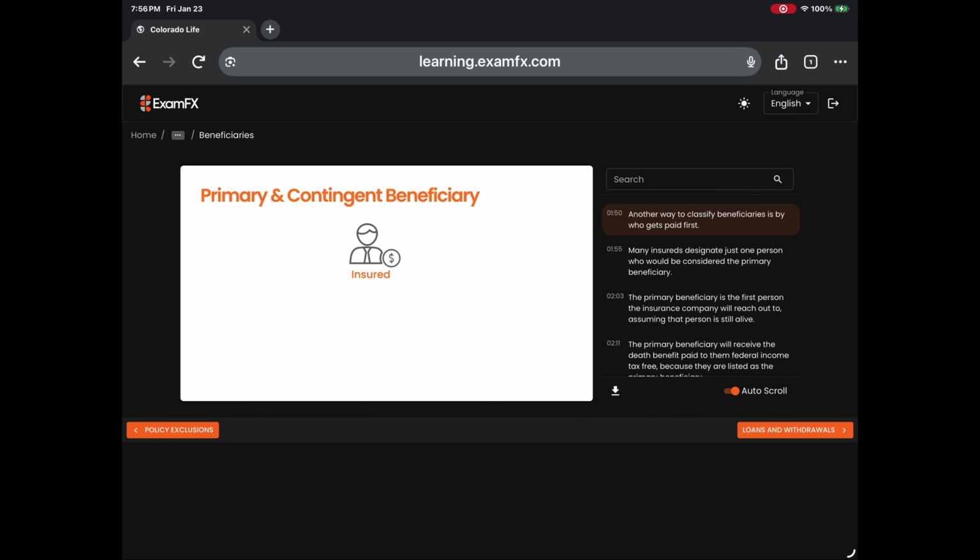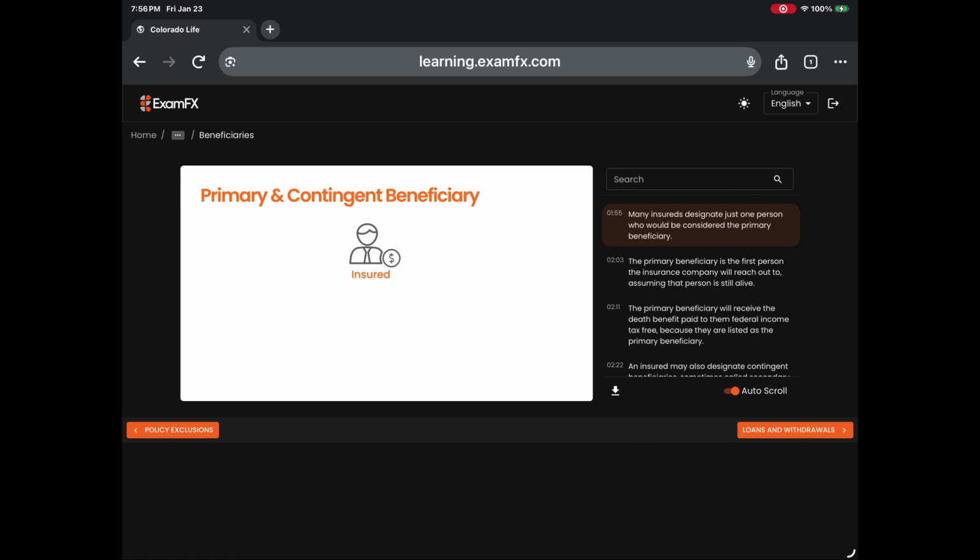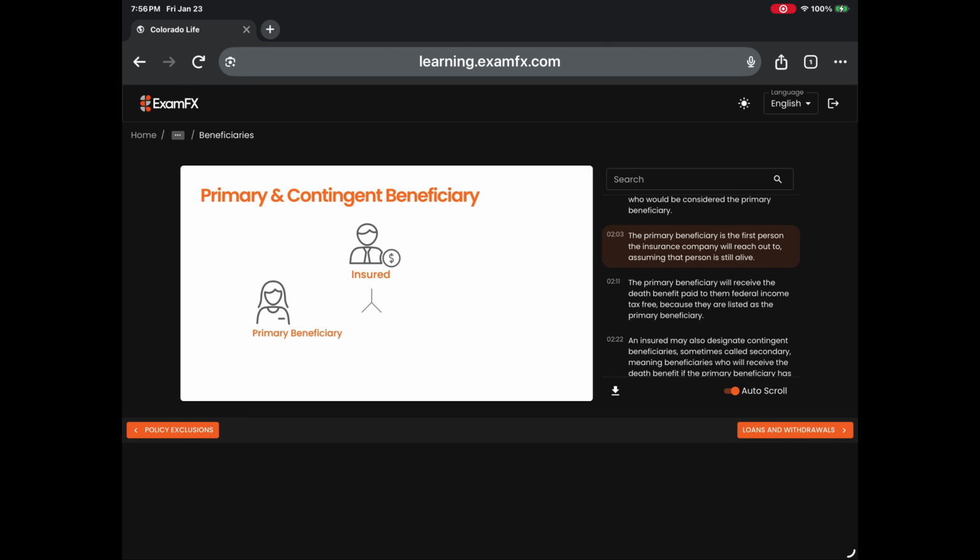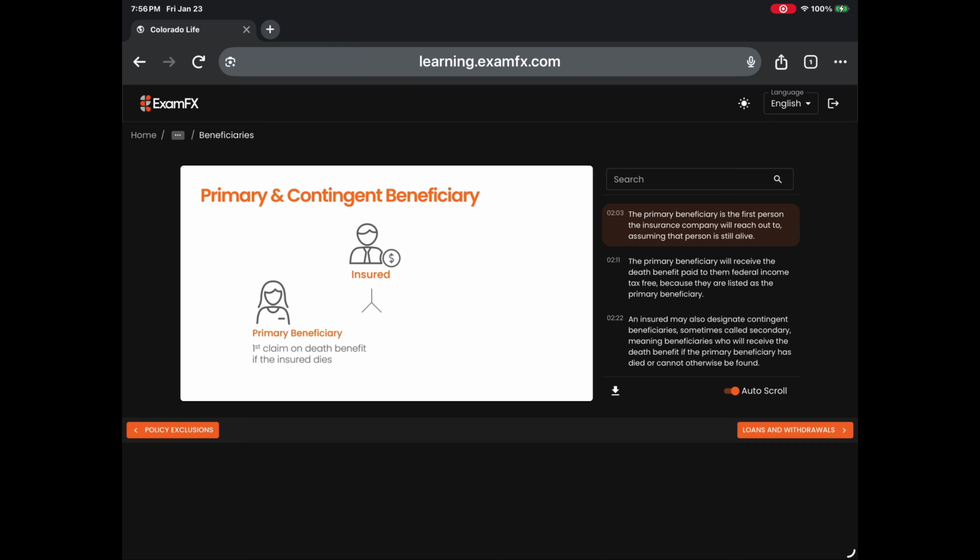Another way to classify beneficiaries is by who gets paid first. Many insureds designate just one person who would be considered the primary beneficiary. The primary beneficiary is the first person the insurance company will reach out to, assuming that person is still alive.